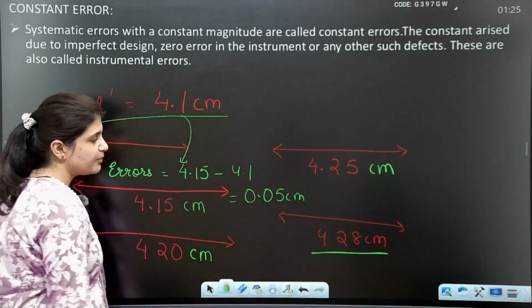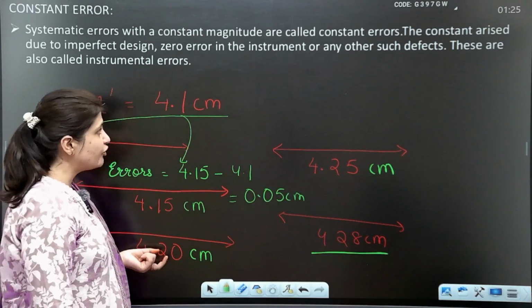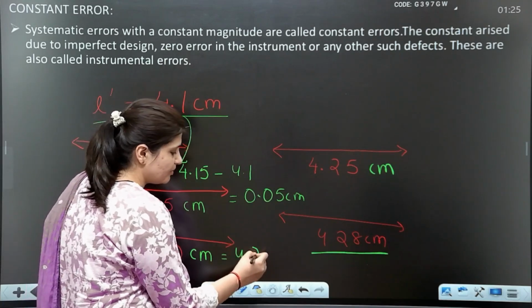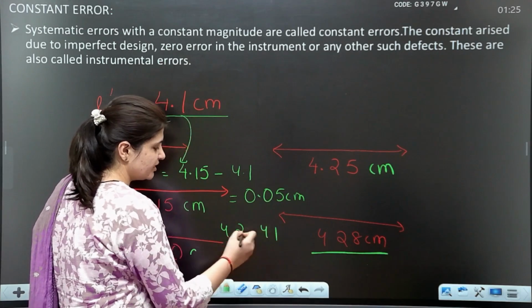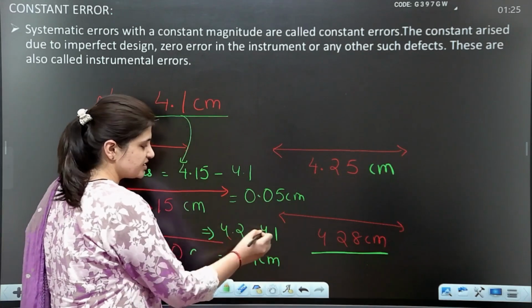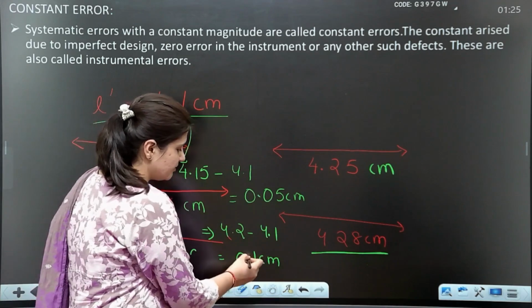Then 4.2 minus 4.1 is equal to 0.1 centimeter.